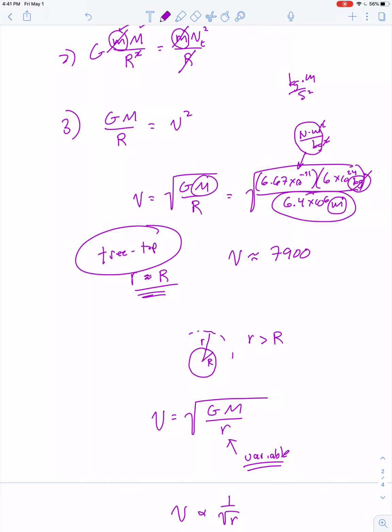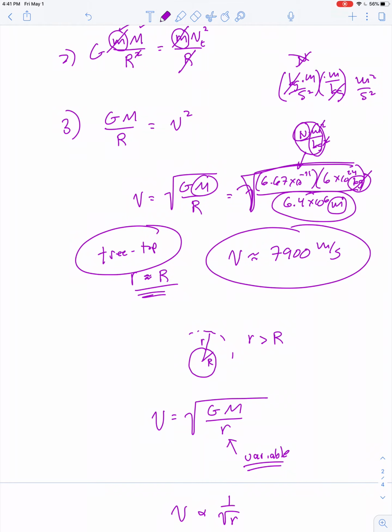So now we have kilogram meter per second squared, that's the Newton, times meters per kilogram. So now we have kilograms canceled out. We're left with meters squared per second squared, but we're taking the square root of all this. So yeah, indeed, this does work out to be 7,900 meters per second.